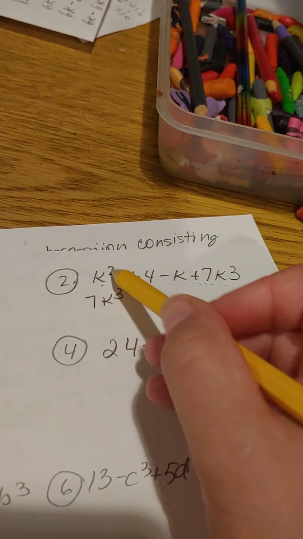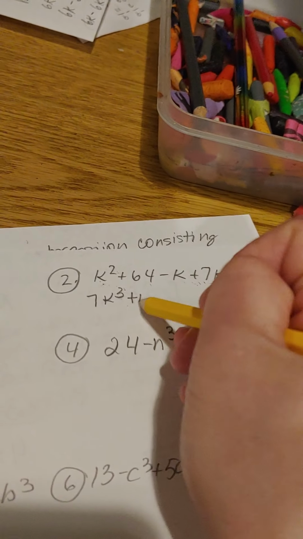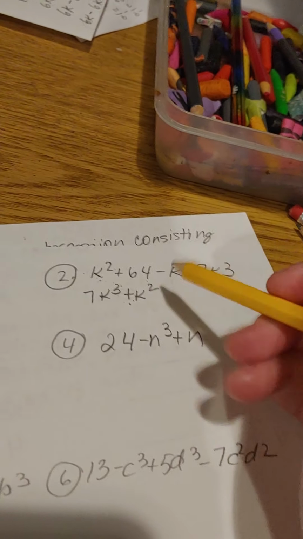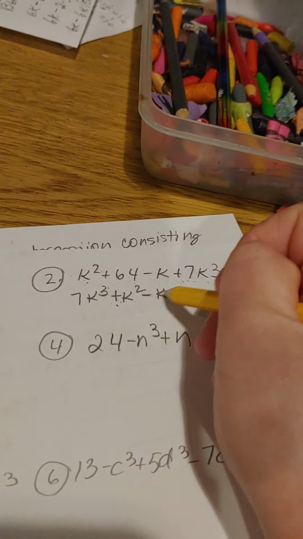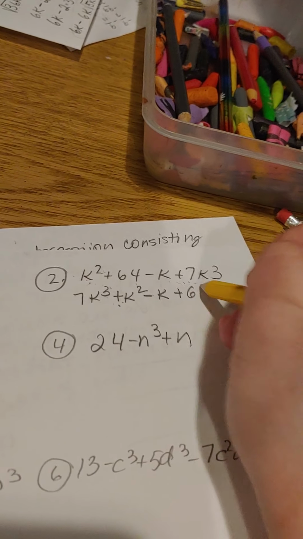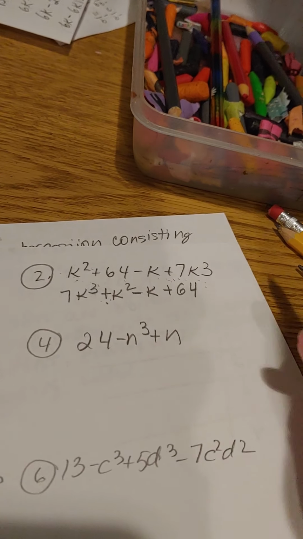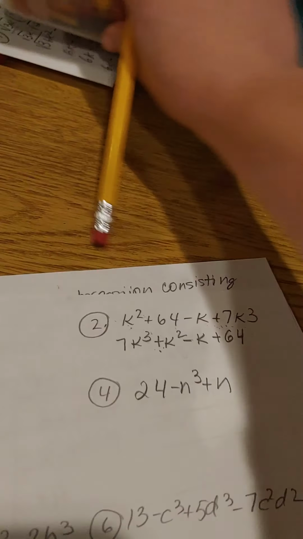So 2 goes after 3. So k squared is going to be next. Plus, because k squared was positive. There was no negative sign in front of it. So now regular k is following, just k to the first power. And then we're adding 64 because it doesn't have any variable. So it's actually 64k to the power 0, but we're not going to talk about that too much right now.